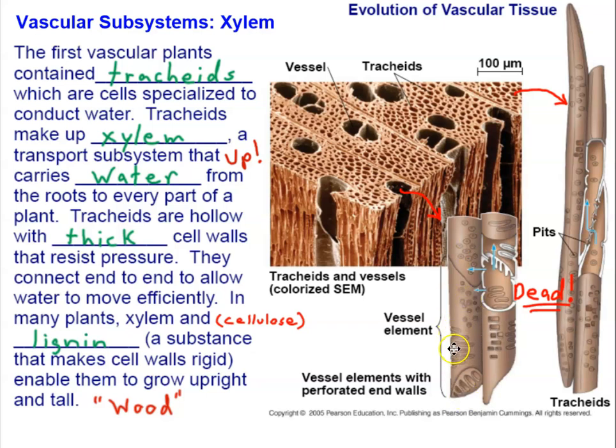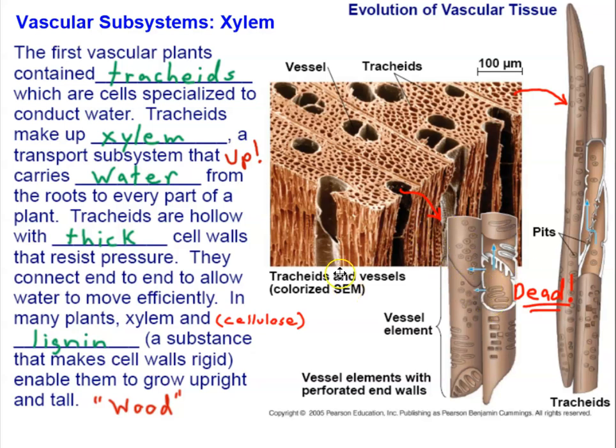And they have cell walls that are very strong, fortified by cellulose as usual, because remember, plant cell walls have cellulose. But even another substance joins the cellulose known as lignin. Lignin is a substance that makes cell walls even more rigid, even stronger. And the combination of the cellulose and the lignin is what we refer to as wood. So wood is xylem. Xylem is wood.